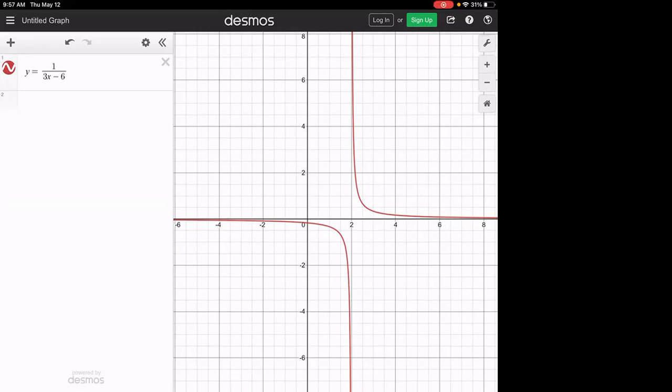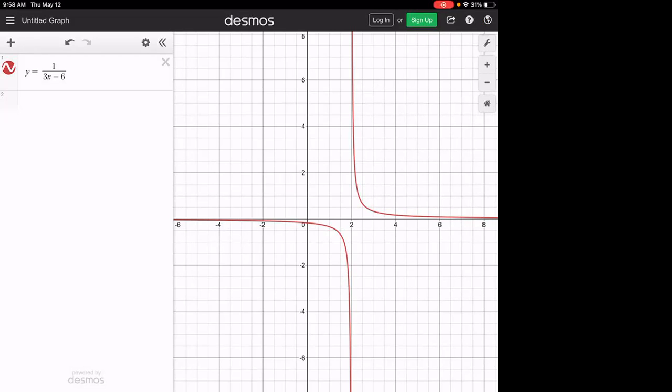You don't see it, but this red graph never touches 2. So I get very close to 2 from the left, but I never touch 2. So that's negative infinity up to 2. What about the right? Do I have 2 from the right? No. It's the same thing. As I get closer to 2 on the right, the graph shoots up to positive infinity. Of course, it never touches 2, but as I go further and further to the right, I have x again.